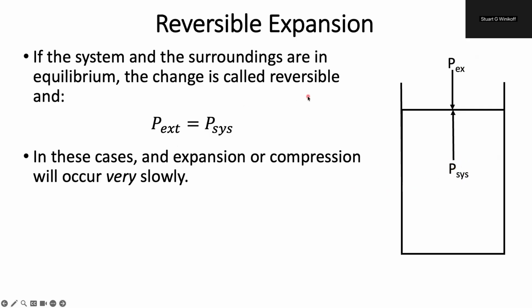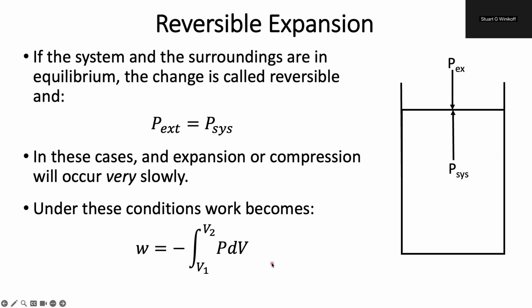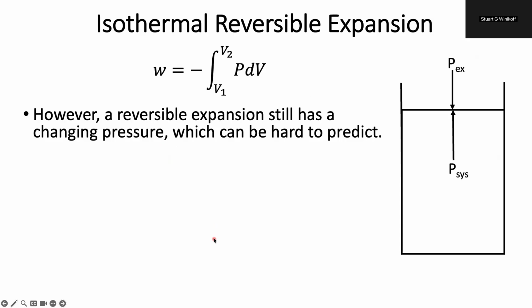In practice, no system is truly reversible, but like free expansion, some get very, very close. Now, if I have a reversible system, that means I get to replace the external pressure with the pressure of the gas. So at this point, I'm going to go ahead and drop the subscript on the pressure to indicate we're now looking at the pressure of the system, not the external pressure.